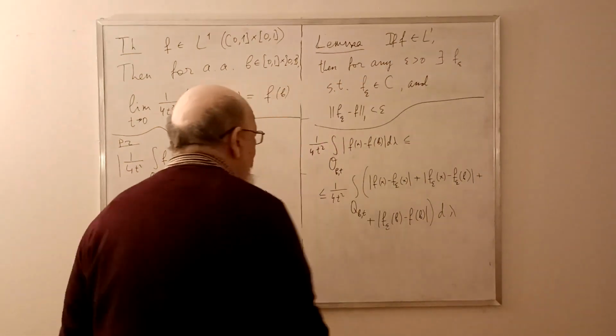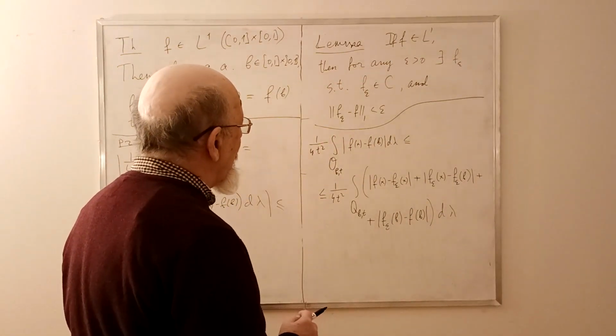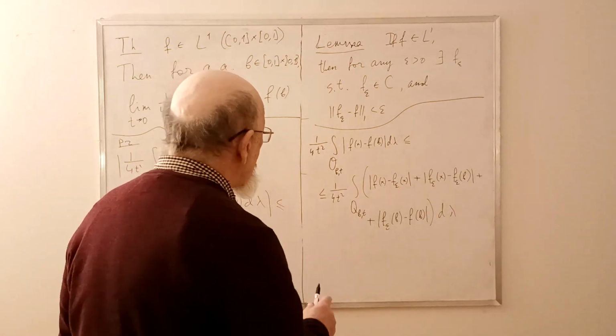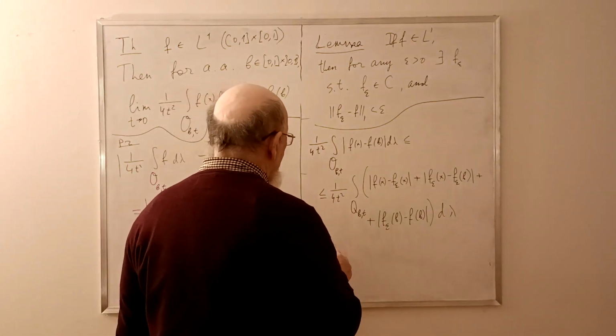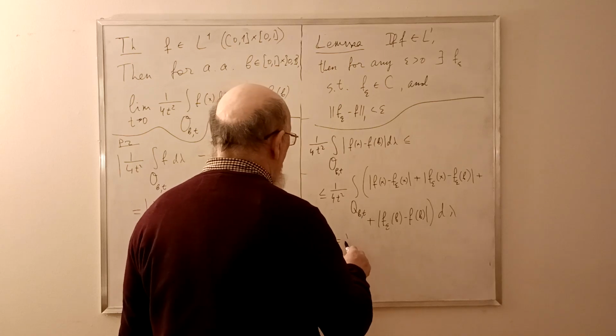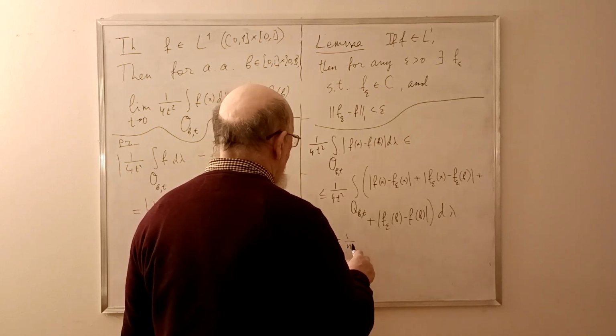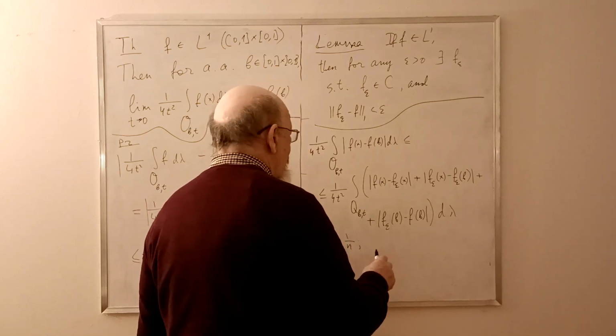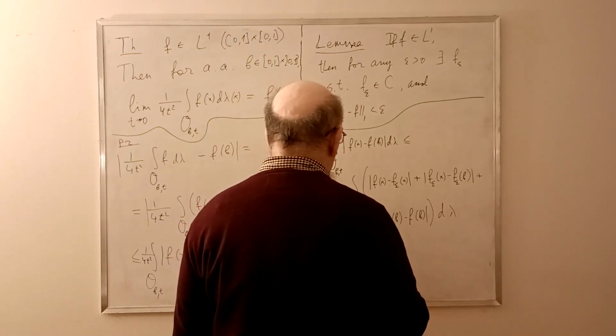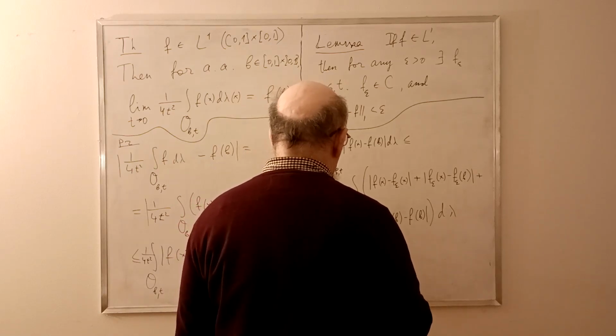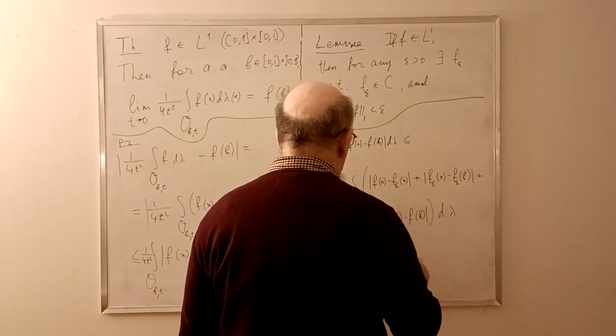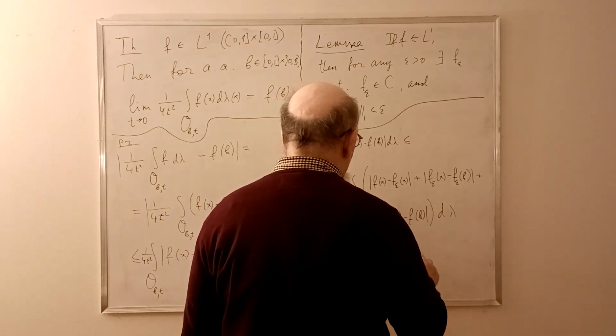Okay, and now let me take epsilon equals 1 over n and call F 1 over n equals, say, hn of x.